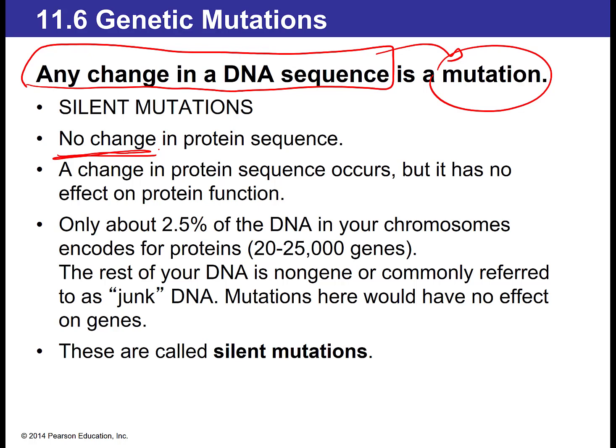In fact, forensic scientists use this to their advantage, because over the thousands of years that we have been around, we have had these silent mutations, so average people have small differences in their DNA sequence. It doesn't affect their ability to survive. But that difference allows you to take DNA from one sample and compare it to DNA of another sample, because the sequences are a little bit different.